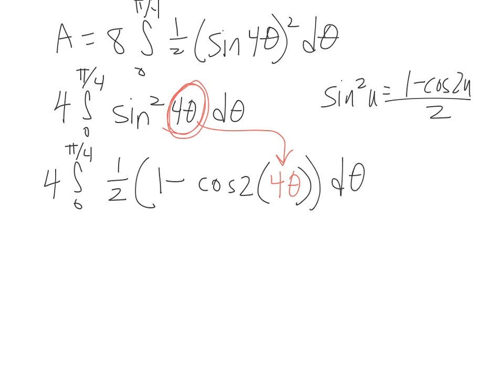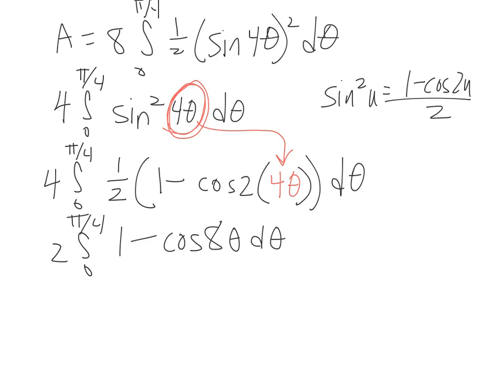Okay, so I'm going to pull that 1/2 out in front with the 4. So that's going to be 2 times the integral from 0 to pi over 4 of 1 minus the cosine of 8 theta d theta. Now, I'm going to go ahead and integrate.